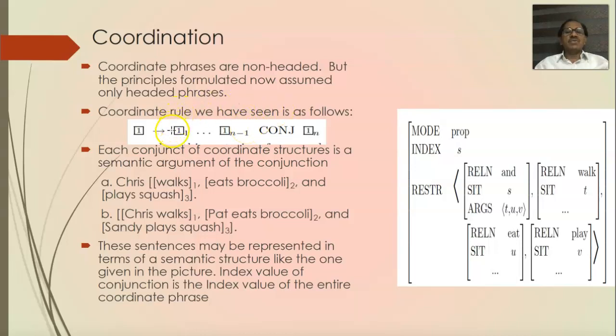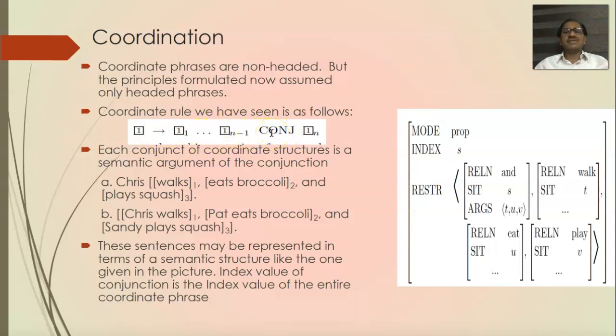What we did was, instead of mentioning all the conjuncts here, we just used a Kleene plus, if you remember, right? We used a Kleene plus where we said, if this is I, let's say I plus conjunction and I. That's what we wrote earlier, right? Anyway, each conjunct of a coordinate structure is a semantic argument of the conjunction.